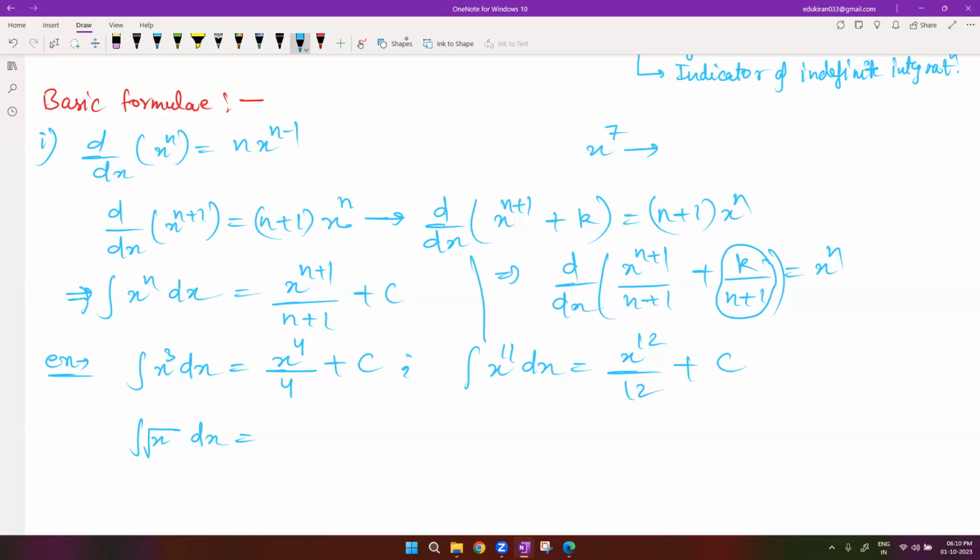Yes, what is the answer? Tell me. 2x raised to 3 by 2 by 3, plus c. Don't forget c.